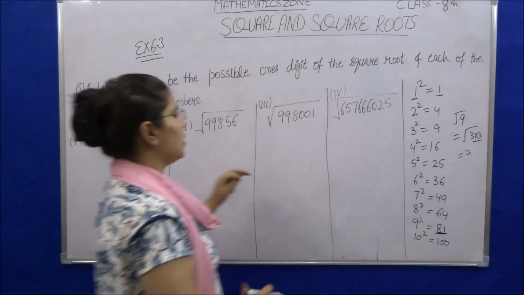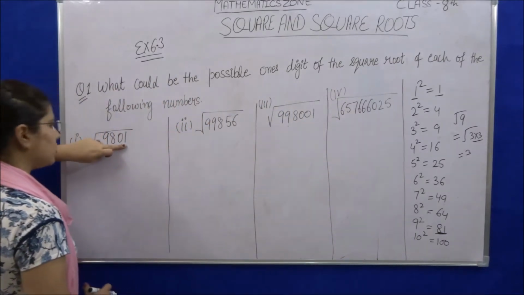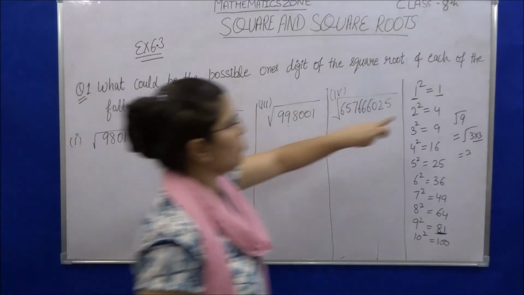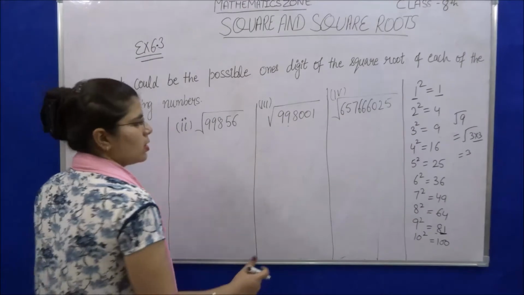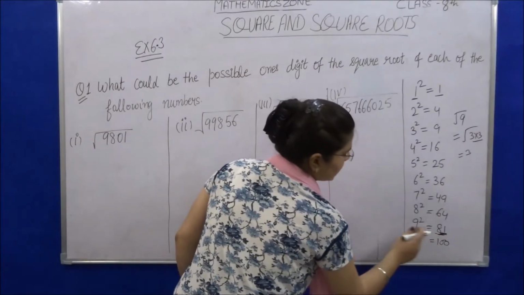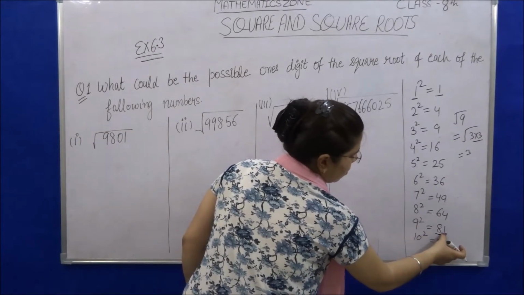So if a number has a unit digit 1, then its square root may be 1 or 9, because the square root of 81 is 9 and its unit digit is also 1.